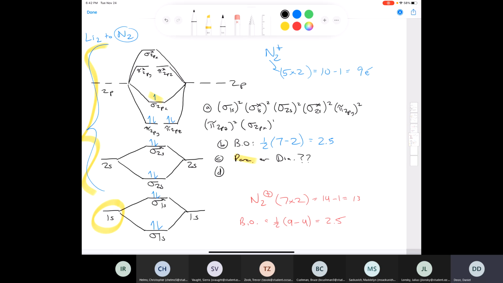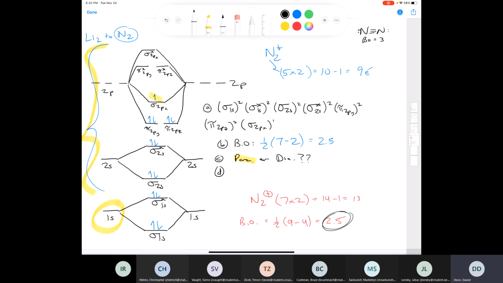And the last question is the bond length relative to N2, is it shorter or longer? Well, remember that the more bonds that we have, the shorter the distance between the two atoms. So if the bond order is 2.5, we know that the bond order in N2 is equal to 3.